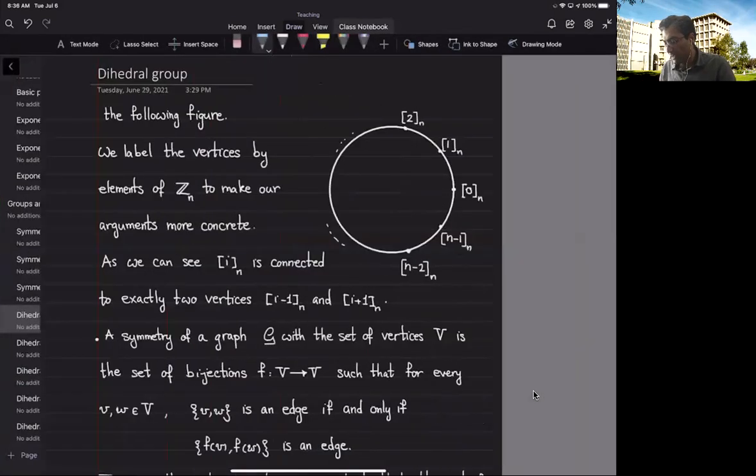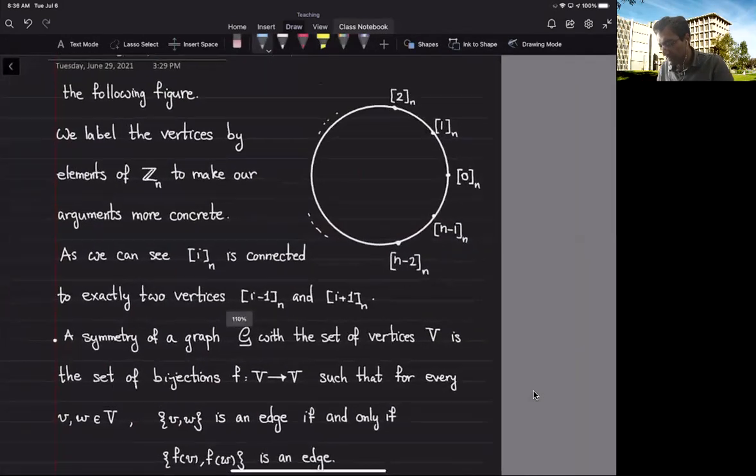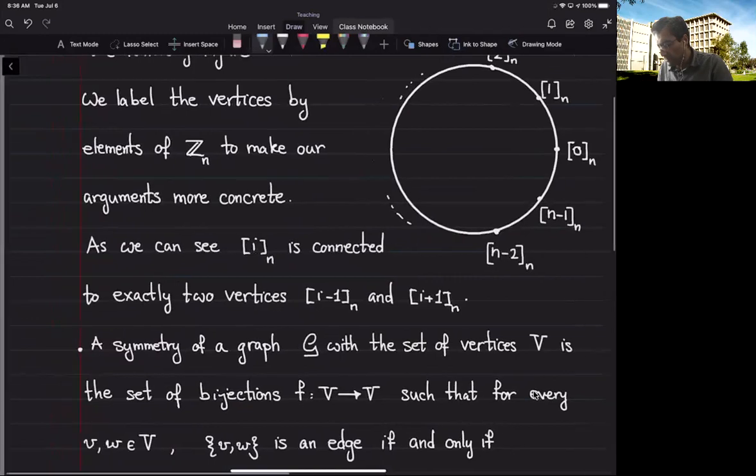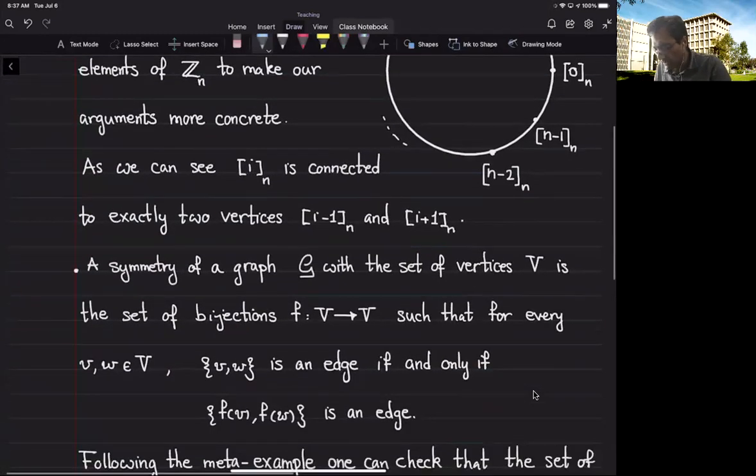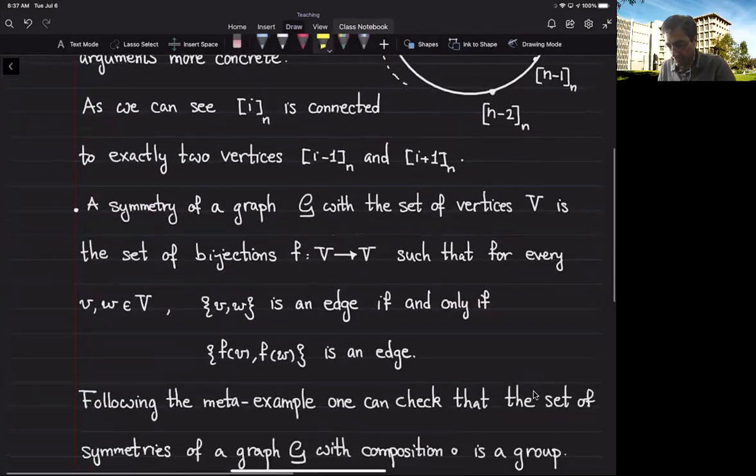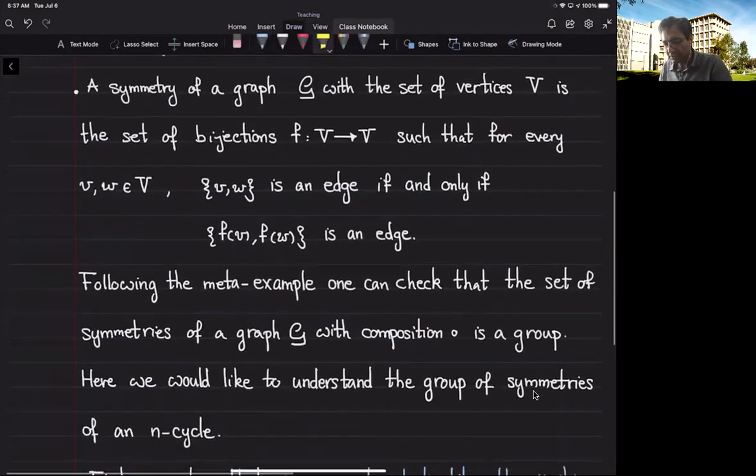Again, what do we mean by symmetries of a graph? By symmetries of a graph, we mean a bijection from the set of vertices. So let's say V is the vertices of this graph.